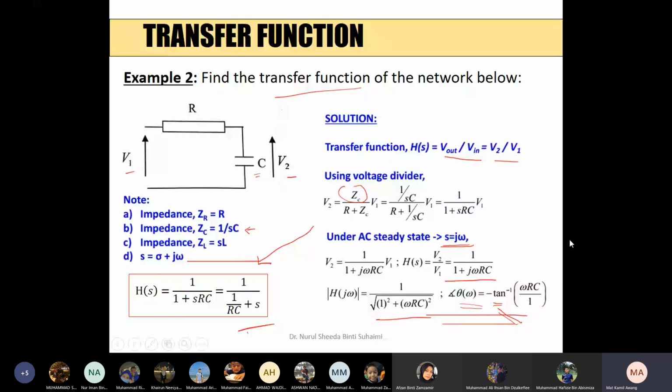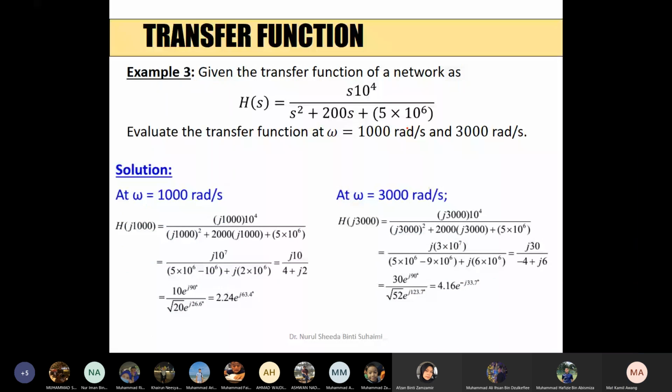Okay, example number 2. Given the transfer function of a network as H(s) = s times 10^10 divided by s squared plus 200s plus 5 times 10^6. What order is this? First order, second order, or third order?